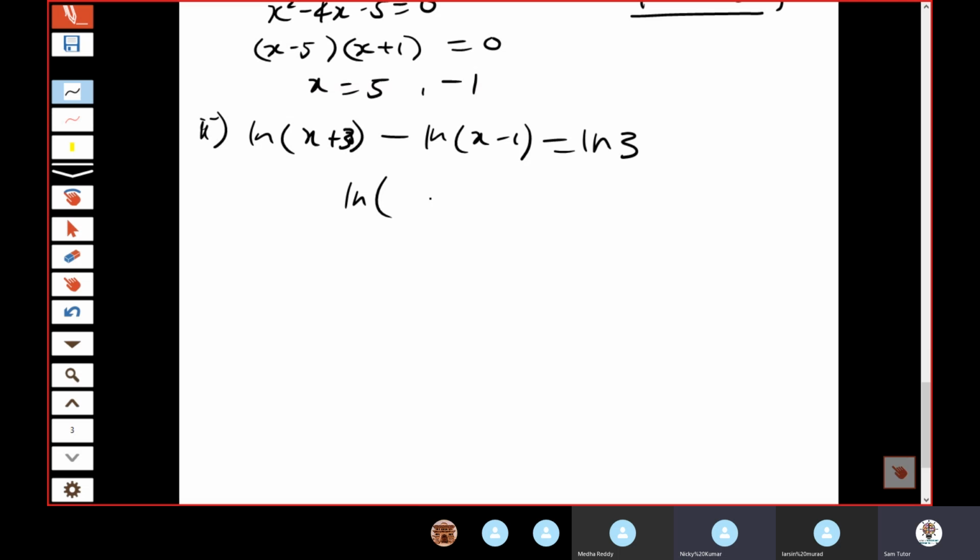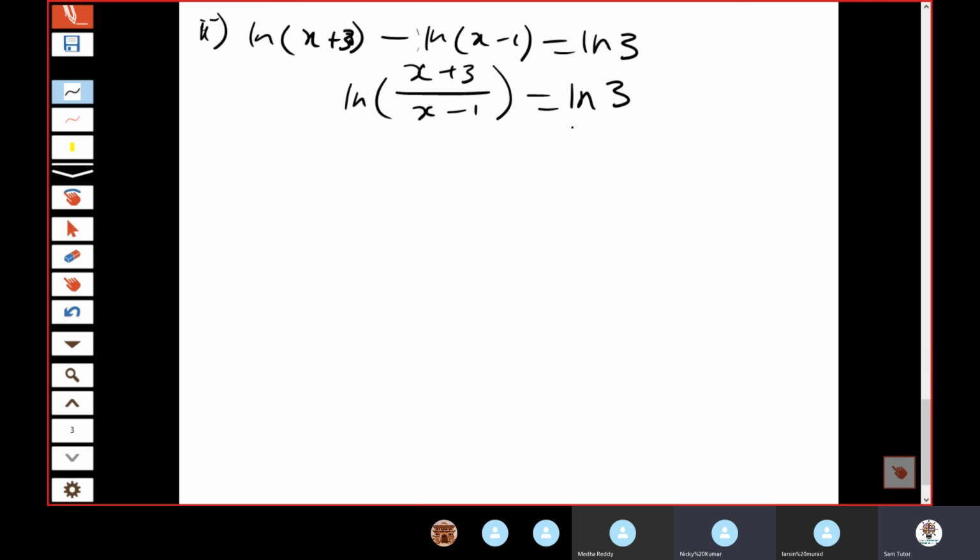So you would do, oh, subtract, so you would divide. And then you would cancel the logs. So it's x plus 3 over x minus 1 equals 3. And then you would just take it to the other side.